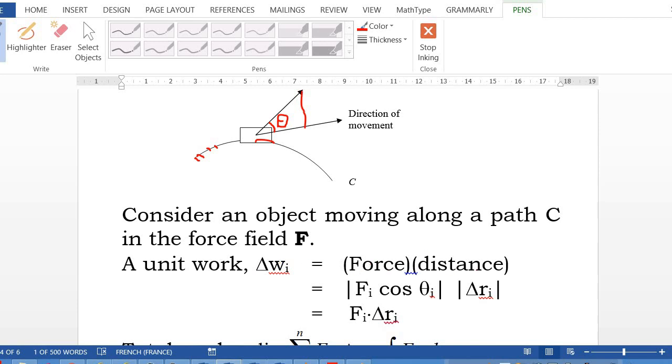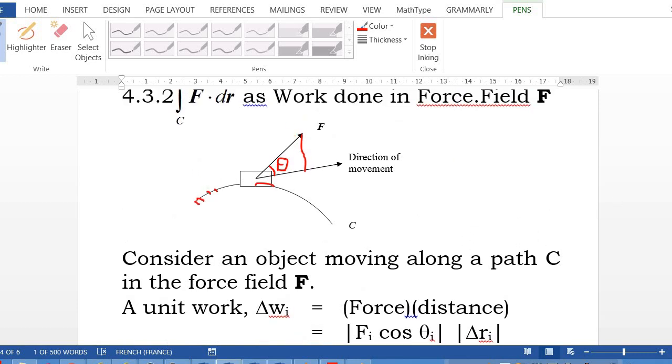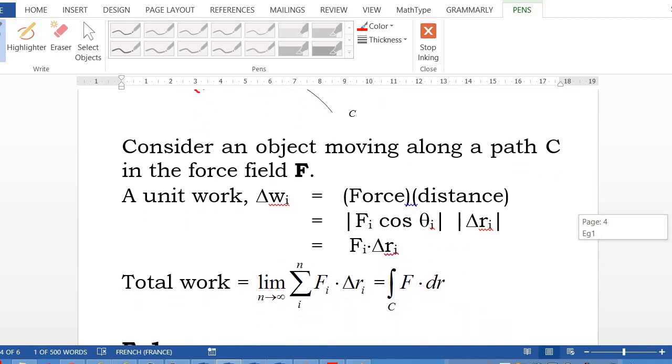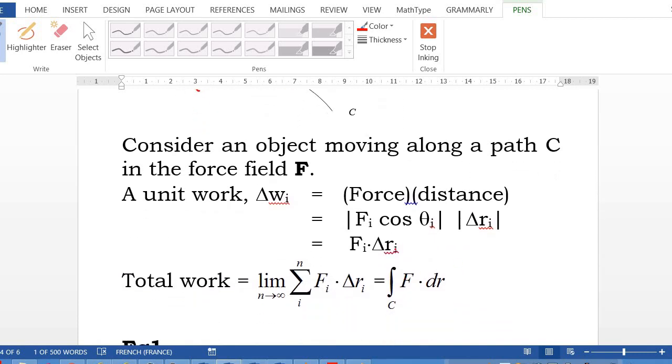The force is the projection of F along the direction of movement, which will be Fi cos theta i. The distance is delta Ri. So F dot delta Ri is one unit work.